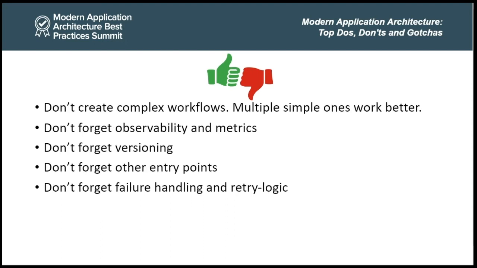Now, what are the negatives in this case? Avoid very complex workflows. It's better to have a bunch of simple ones working in tandem, right? I'm a big fan of AWS Step Functions, which is a workflow for these types of architecture. But trust me when I say it can get very complex very fast, even with just a handful of tasks.